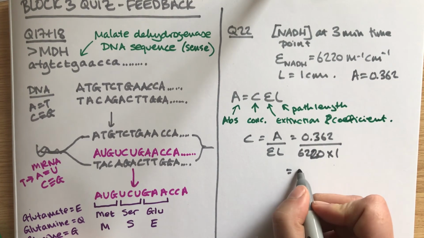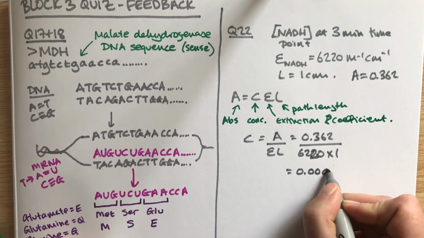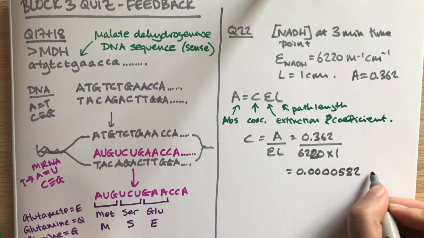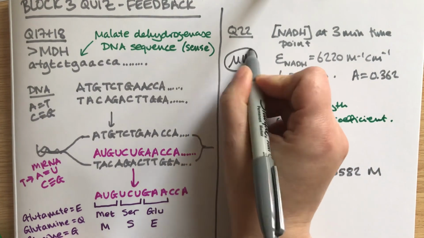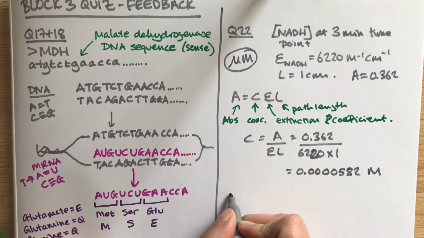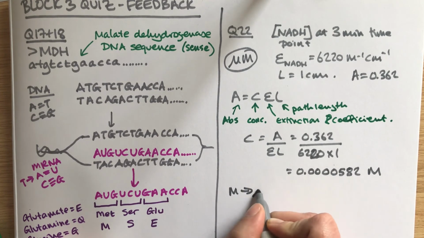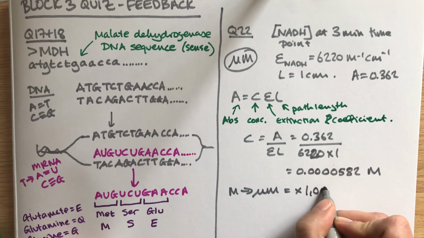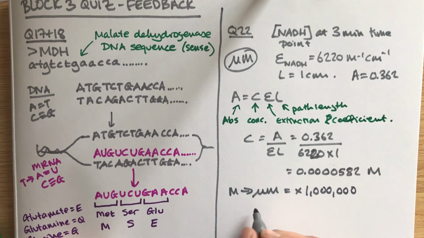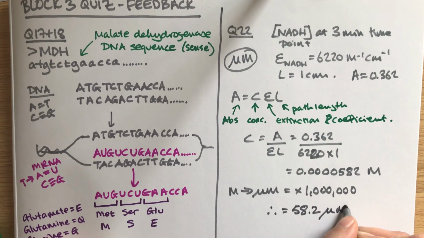That gives us an answer of 0.0000582 molar, but the question asked for it in micromolar. To go from molar to micromolar, we need to multiply by 1,000,000. So if I multiply that answer by 1,000,000, I get an answer of 58.2 micromolar NADH.